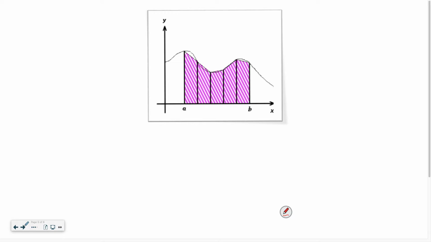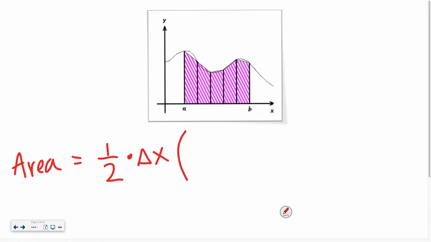Okay, so our area is going to be 1/2 times the height. And what did we determine the height of all of our trapezoids is going to be? Delta x times, yes, we need our bases. How do we get our bases? Okay. Well, how do I want to write this for you?